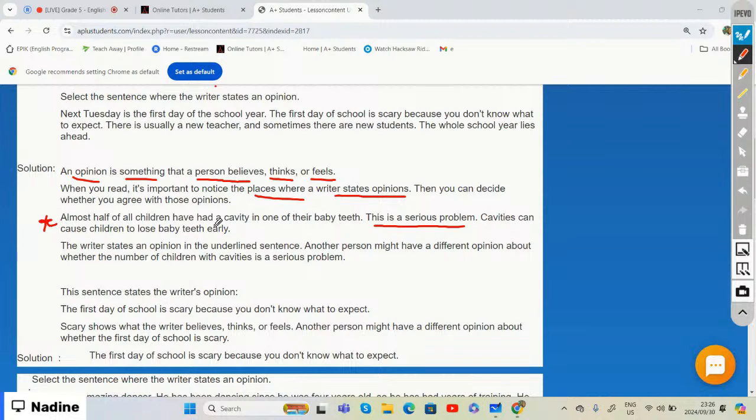But over there, where it says that almost half of the children have had a cavity in one of their baby teeth, this is a serious problem, that is an author's opinion. An opinion is a different thing exactly to what the truth really is.